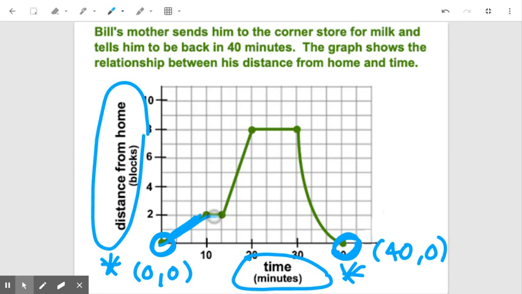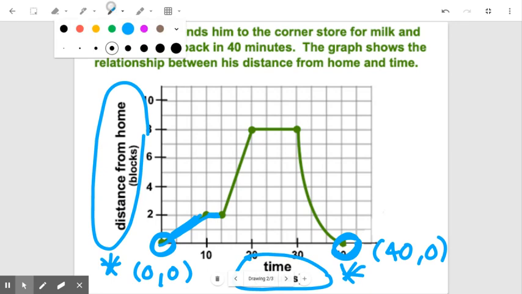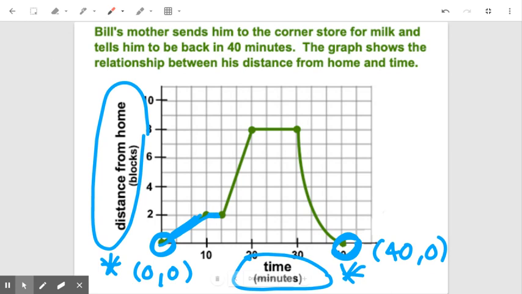This little horizontal section, as soon as you see it being horizontal like that, you know he is not going any farther away from home. So this little section means maybe he stopped and he took a break. Maybe he saw an animal and he stopped and petted the cat. Maybe he saw a friend and talked for a few minutes.